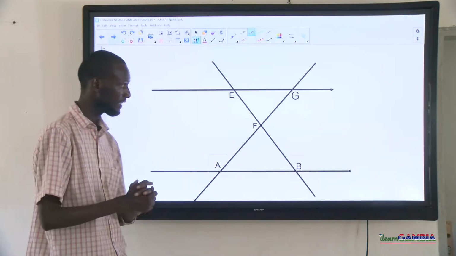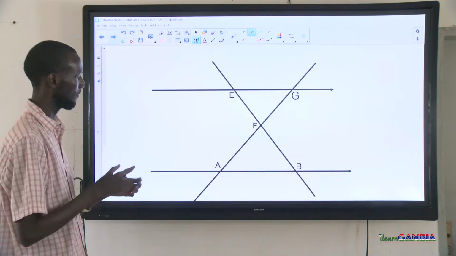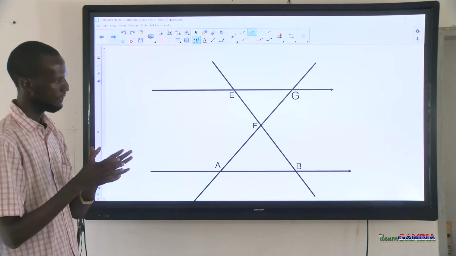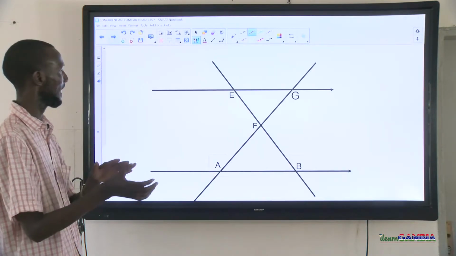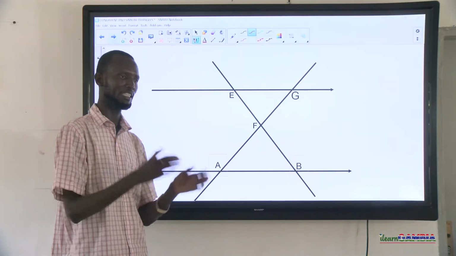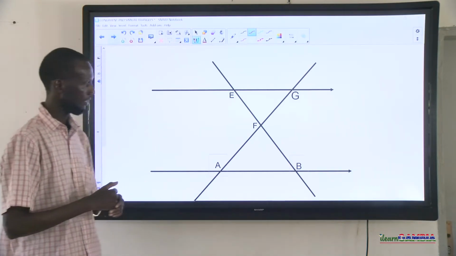Then, now, let's see if we can find a way to identify similar triangles, and let's see which sides we can correspond, or which sides we can use as ratio. Now let's observe this.